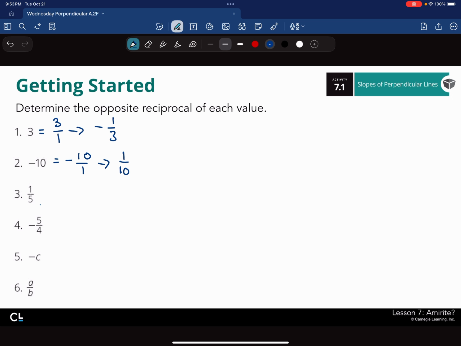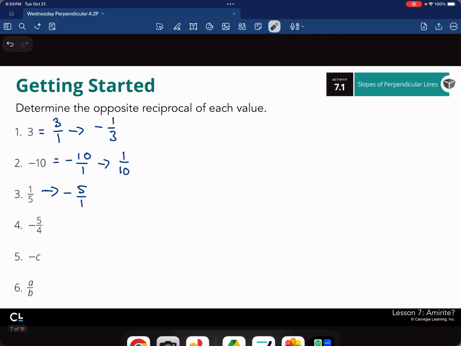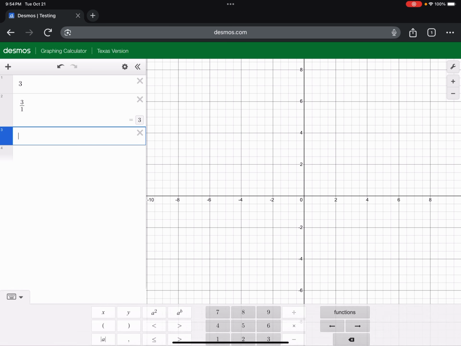Next, I got 1 over 5. 1 over 5 is already a fraction, so now I just need to change it to the opposite reciprocal. What's the opposite of positive 1 over 5? Negative 5 over 1. And now, pay attention. If you put anything over 1, that's how we made it into a fraction. So negative 5 over 1. I'm going to put it right here.